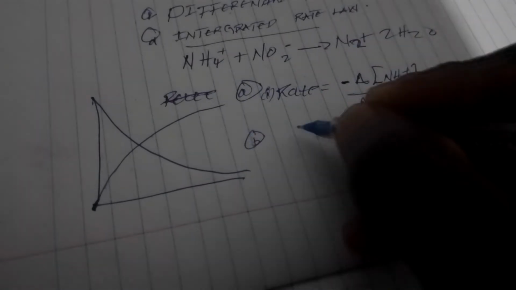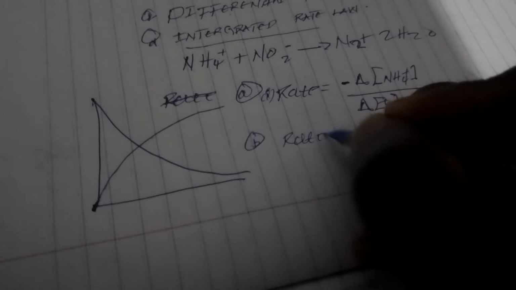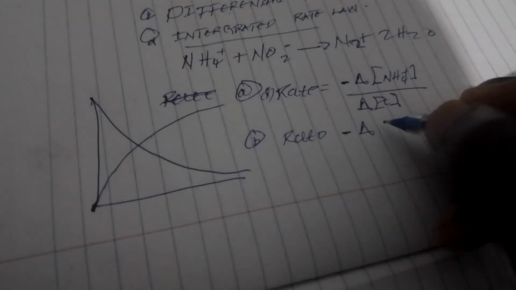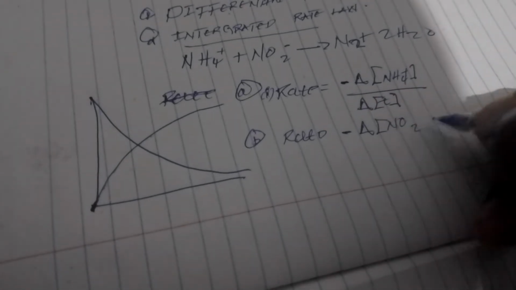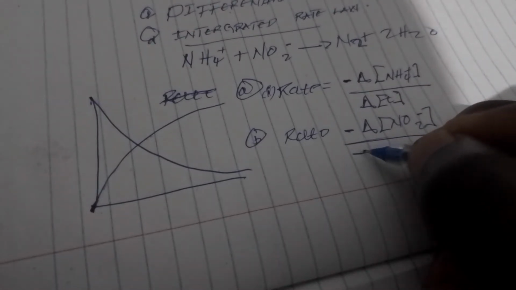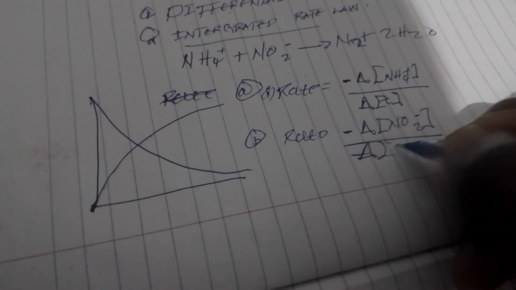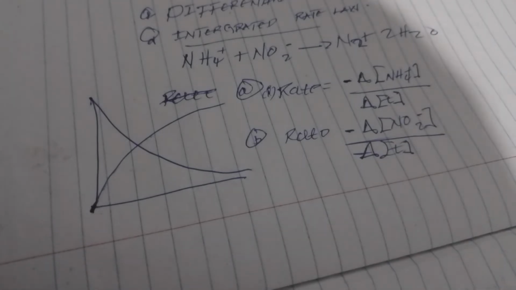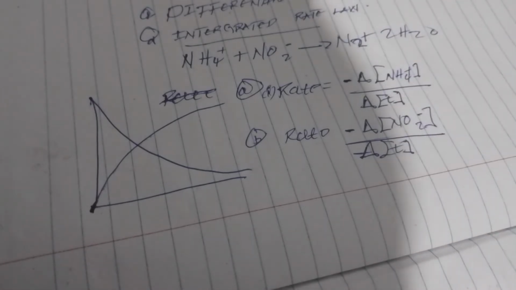Again, since we've got two reactants here, we have the change in nitrate divided by the change in time. I have to make sure that everything is in order and that the reaction is balanced.